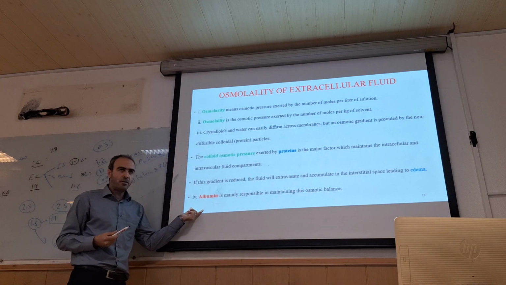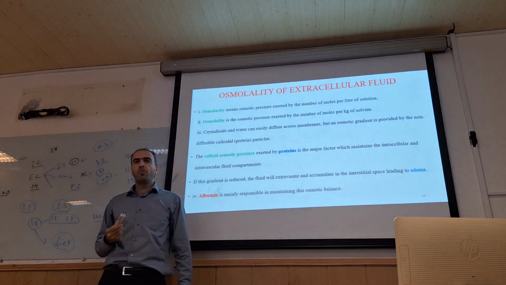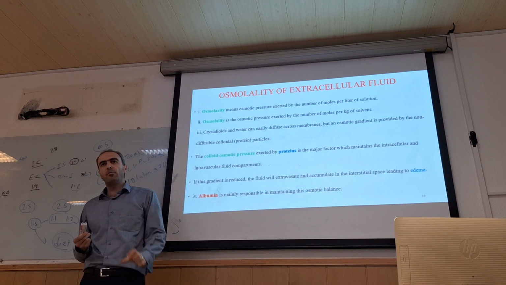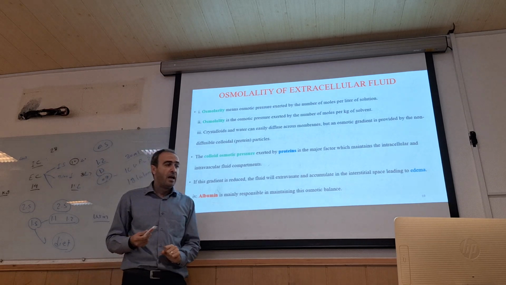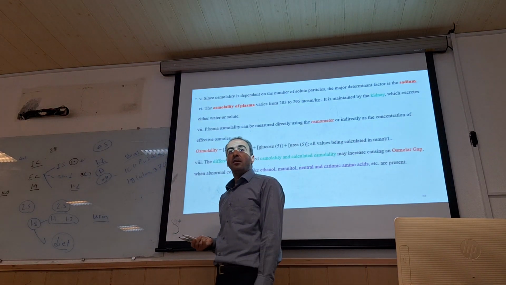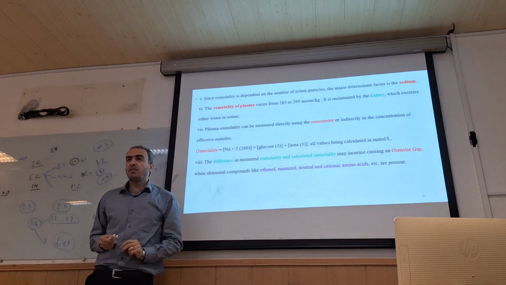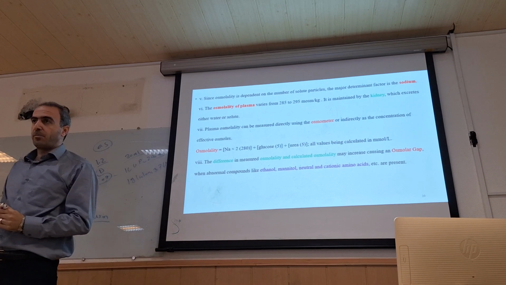So albumin is responsible for maintaining osmotic balance in our blood. Albumin is the main protein, and in addition to albumin, sodium is the main electrolyte for osmotic pressure regulation.